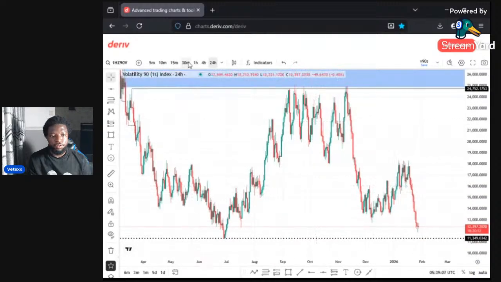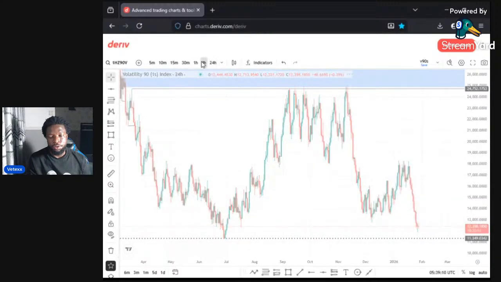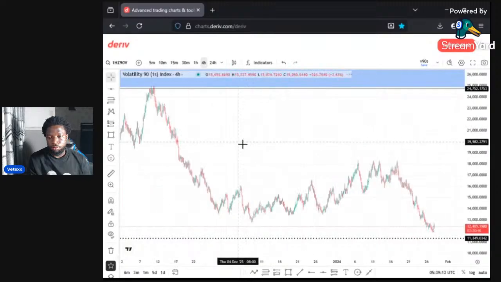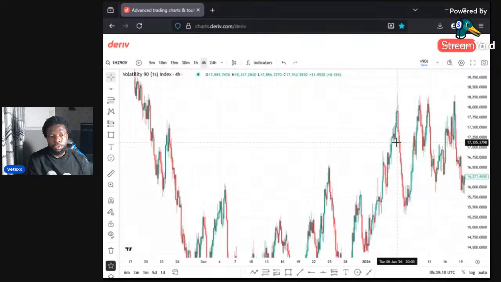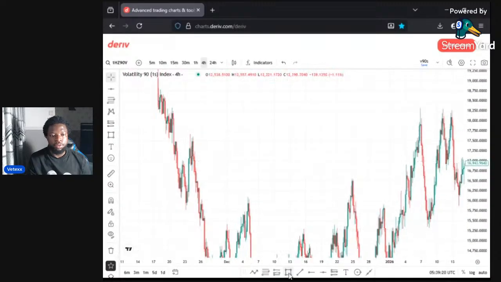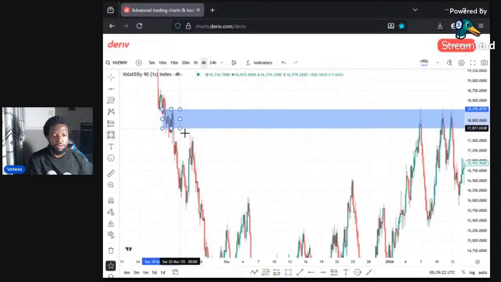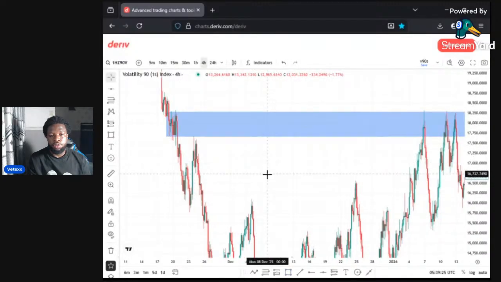Now let's go to the 4-hour time frame and see if we have a continuation there. We recently had a continuation in this place, but price has already taken the target out. So there's no need for anything here again.